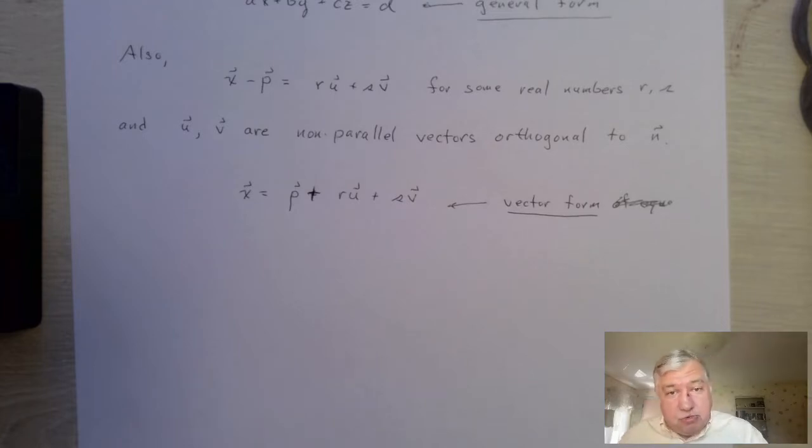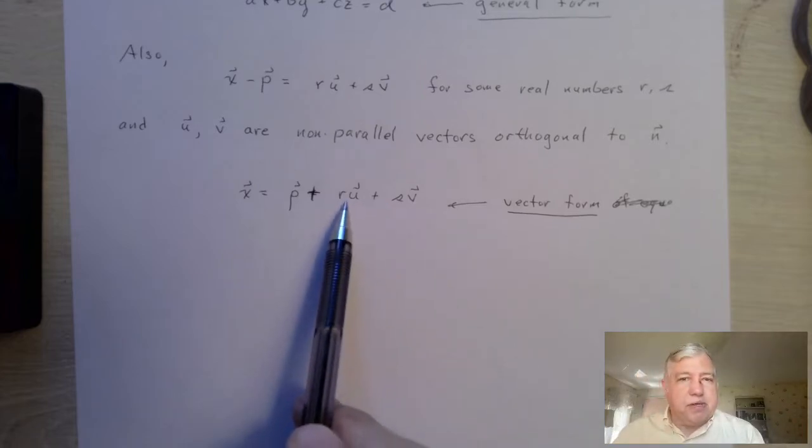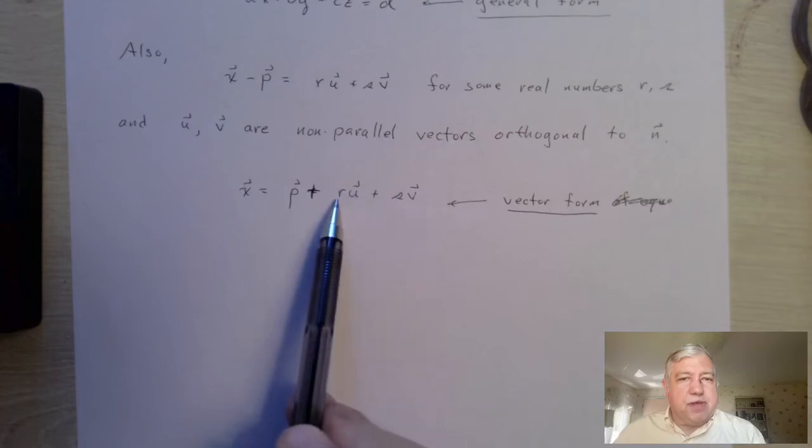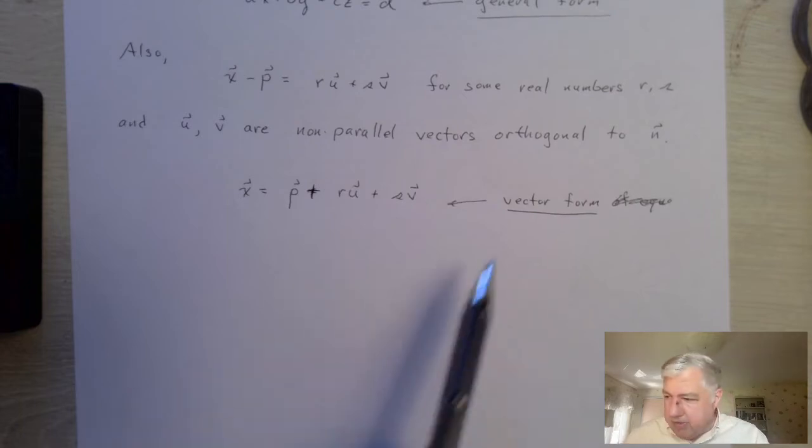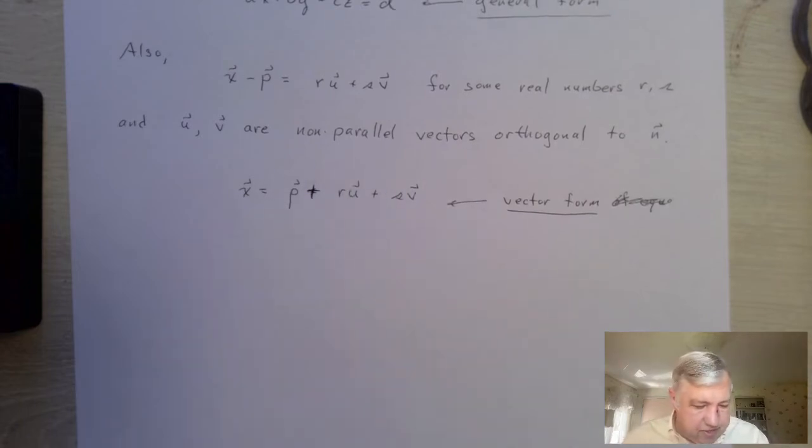By the way, even though we haven't defined dimension officially, we can see it's two-dimensional because there are 2 degrees of freedom, one choice for r, one choice for s. Another way of thinking about that is any ordered pair r, s will correspond to a point on the plane. So this always gives us a plane.